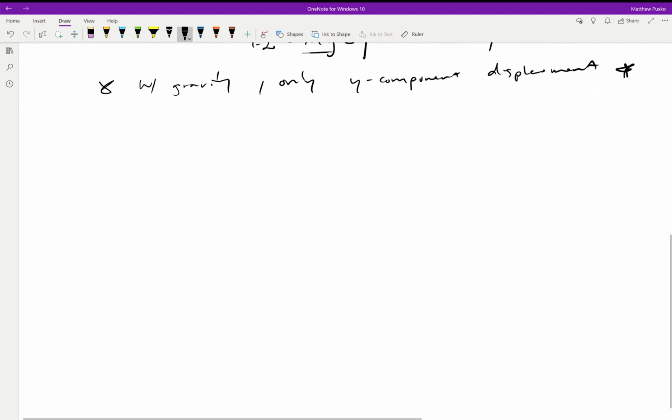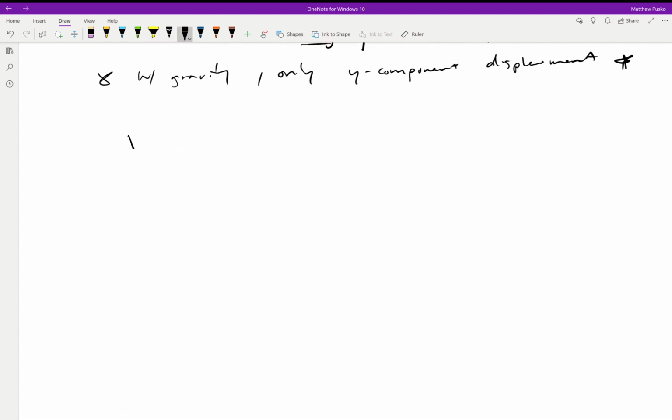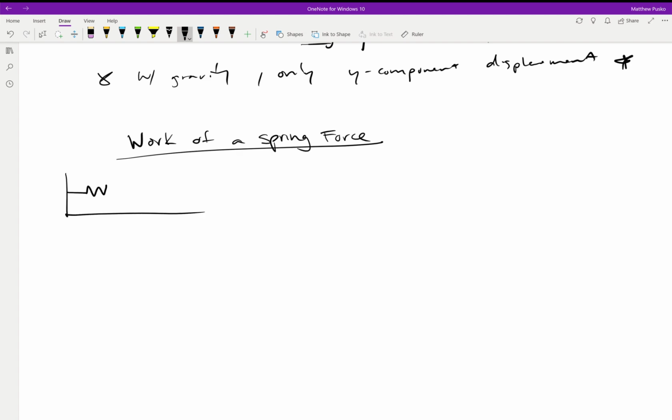Okay, let's take a look at the work of a spring force now. We could have some spring on a mass. It could be pushing in either direction depending on its initial displacement.